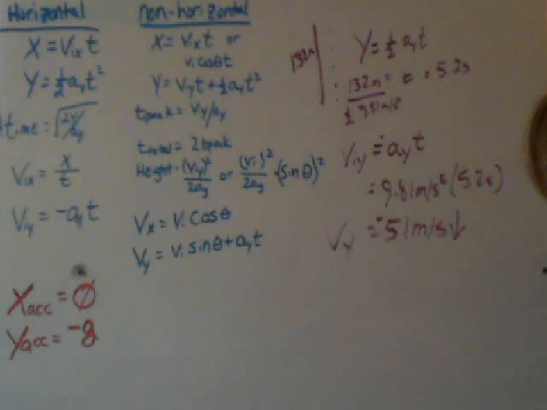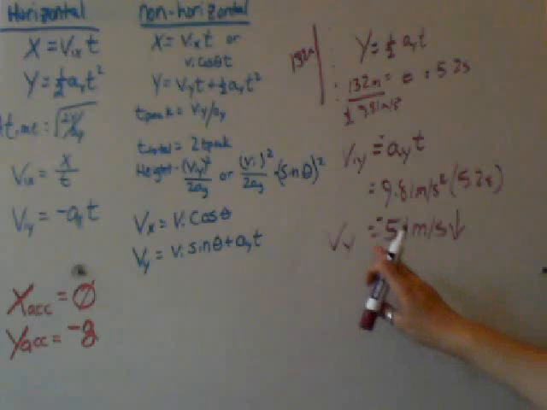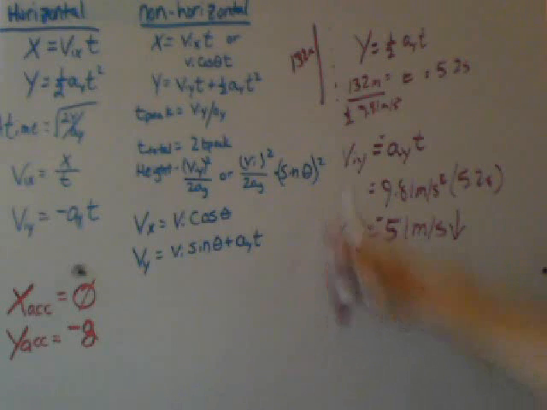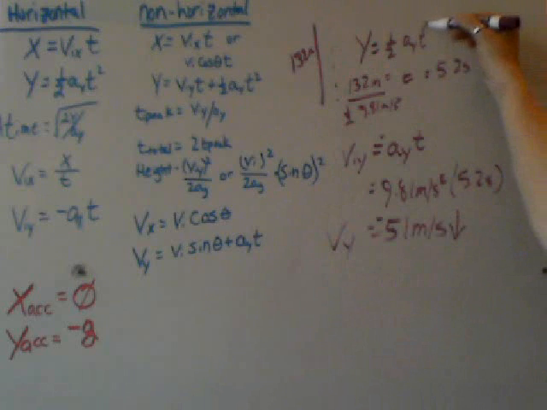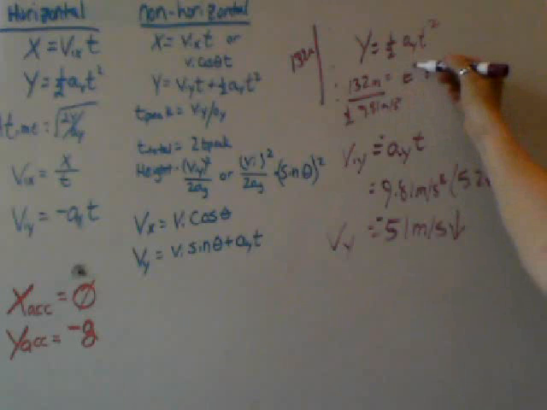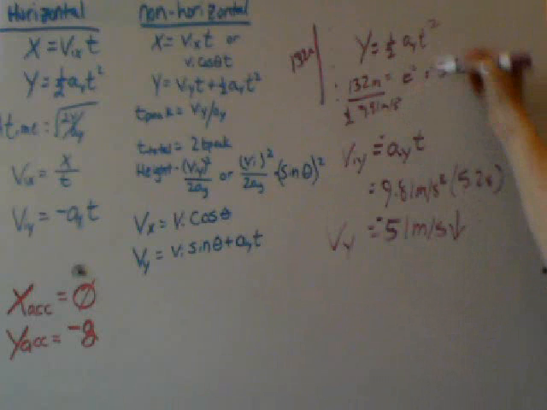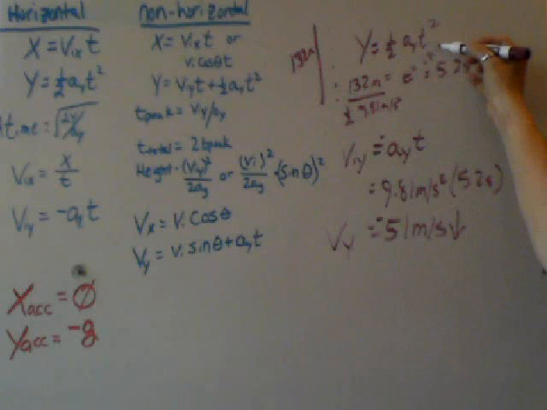So part C says, how far does it fall in the first 3 seconds? So we can go back again to our equation, and of course I'm just seeing up here that I did that incorrectly. That should be squared. Still gets the same answer.